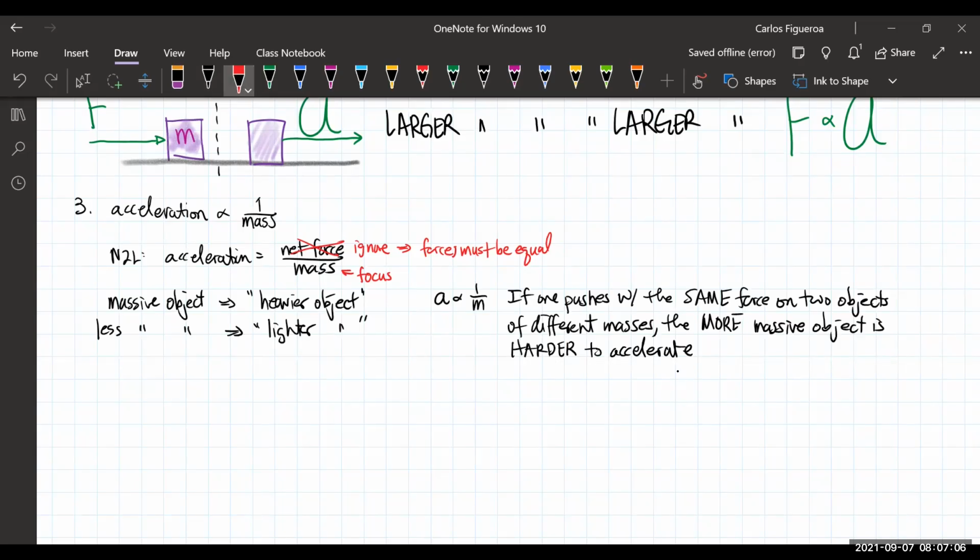And so this guy right here is, by definition, the law of inertia.